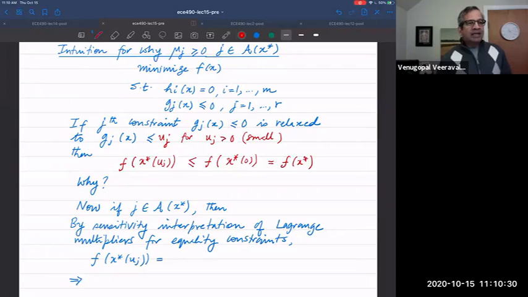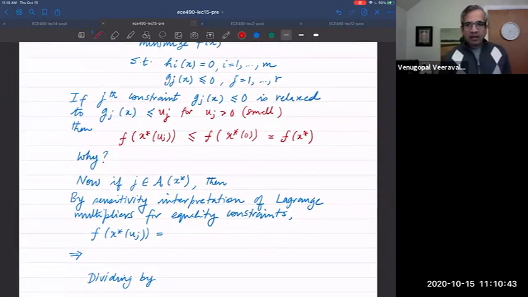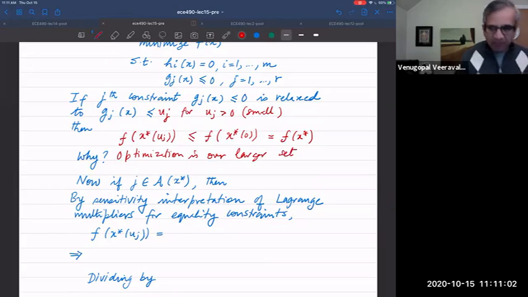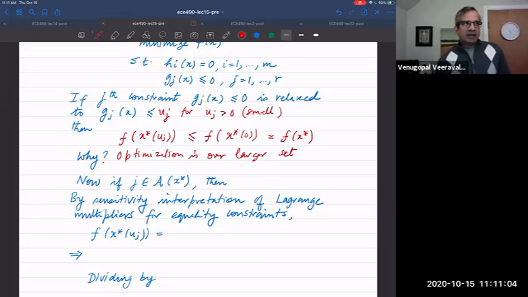But for inequality constraints, by perturbing the inequality constraint in a positive direction, you're going to actually enlarge the constraint set, and so the optimum value will be smaller. Does that make sense to everyone? As the optimization is over a larger set, the optimum value cannot be larger, it can only be equal or smaller.